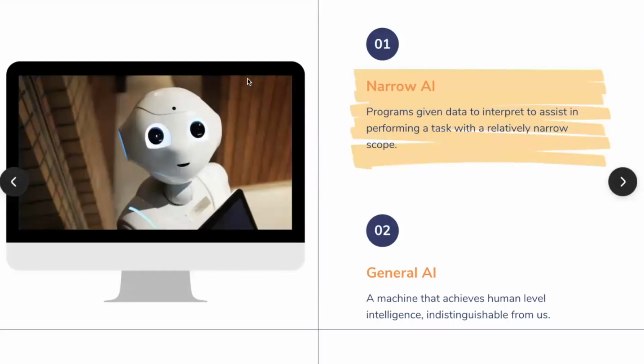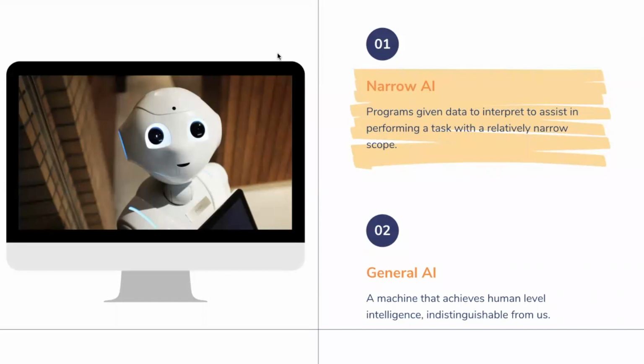So we can think of artificial intelligence in two different categories. The first one being narrow AI. So what exactly is that? Narrow AI is when programs are given data to interpret in order to assist in performing a task with a pretty narrow scope. So we have a very specific problem at hand that we want to solve.